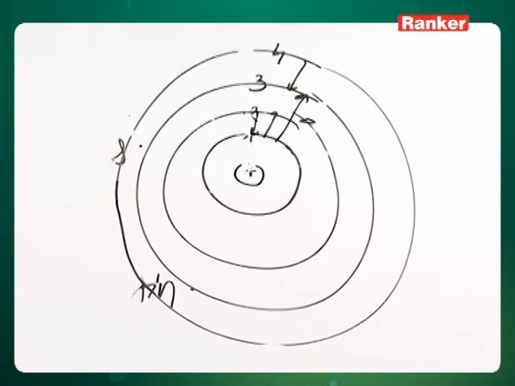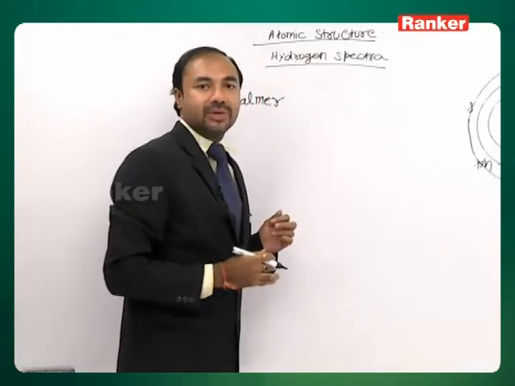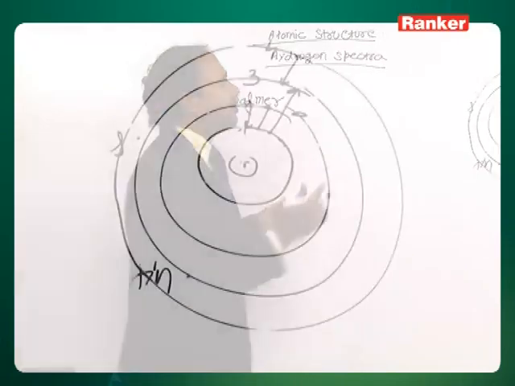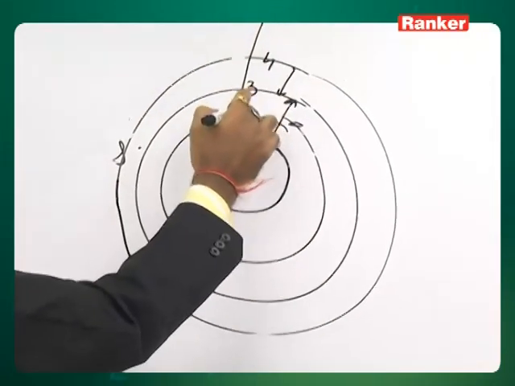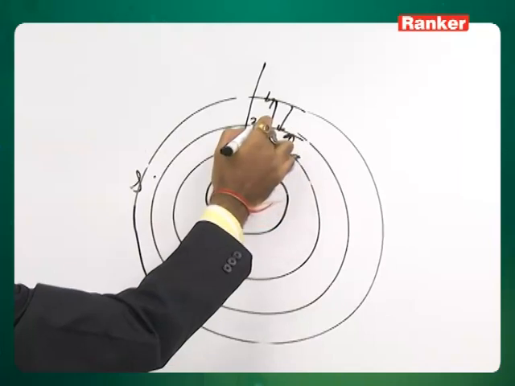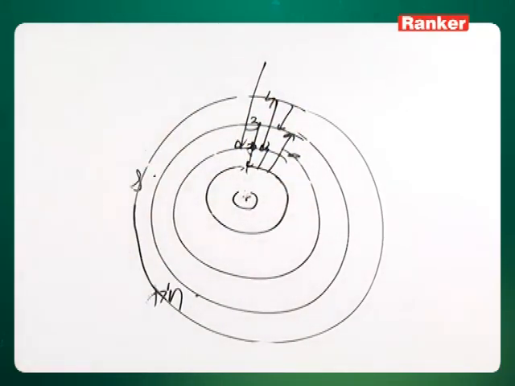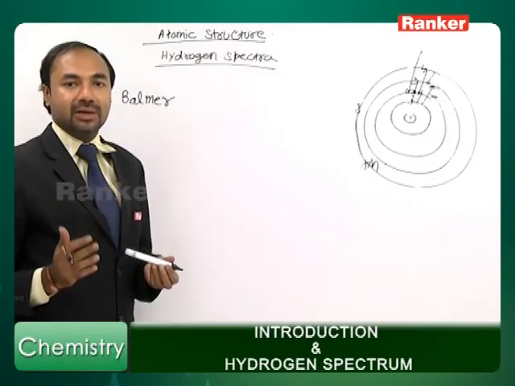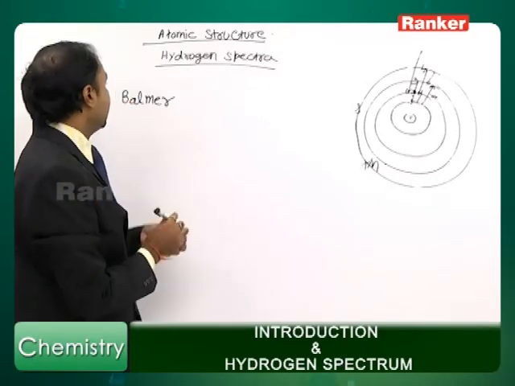What happens here is that if an electron de-excites from any higher shell up to the second shell, from the fourth shell to the second shell, third shell to second shell, any higher shell up to the second shell, then the line emitted is said to be in the Balmer series.